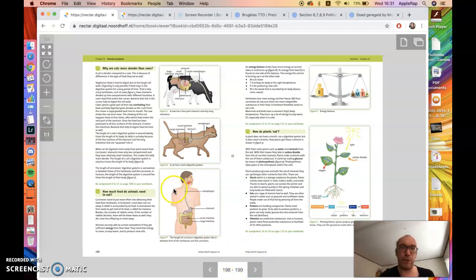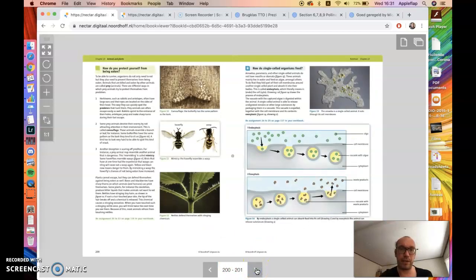If you skim through the words, most of it you might recognize. You know it has to do something with energy, and here is photosynthesis, and here's water and minerals and carbon dioxide and glucose and oxygen. Starch, proteins, fats, vitamins rings a bell to chapter 7, I hope, last year, where we talked about digestion. And when you skim further, you see something about camouflage. There might be some new things, like endocytosis.